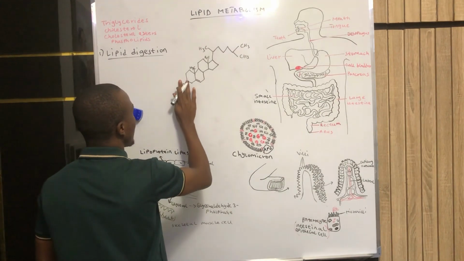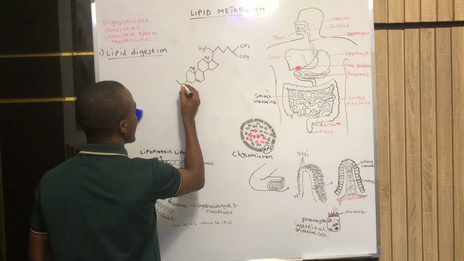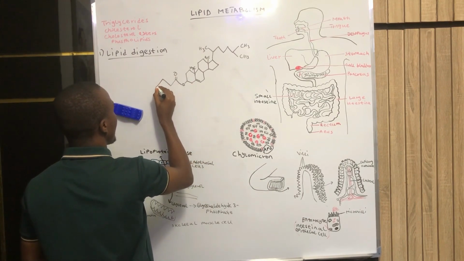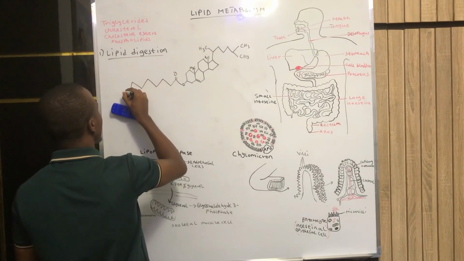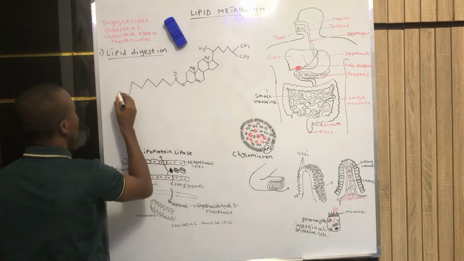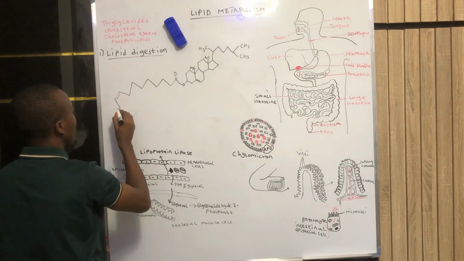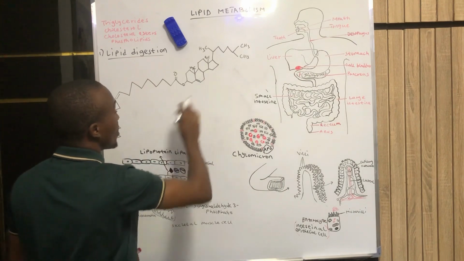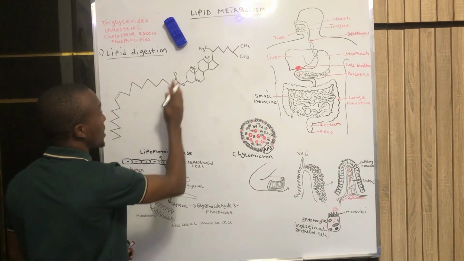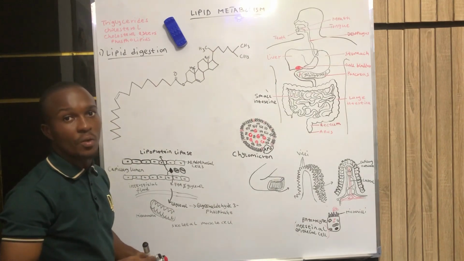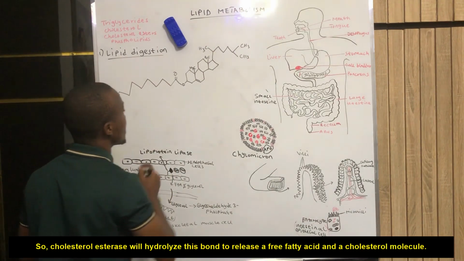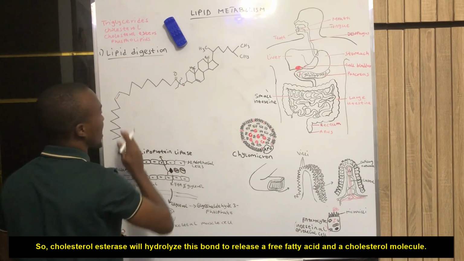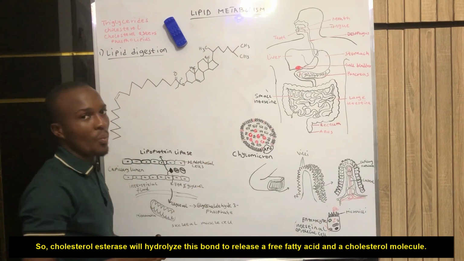So a cholesterol ester will look like this. This is the fatty acid chain. So this is the cholesterol ester. You can see the fatty acid component and the cholesterol component of the cholesterol ester. So with cholesterol esterase, we hydrolyze this bond to release a free fatty acid and a cholesterol molecule.